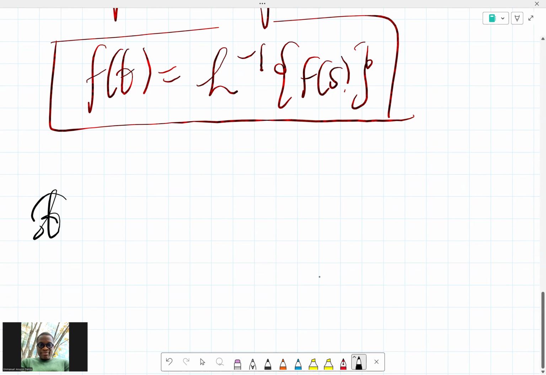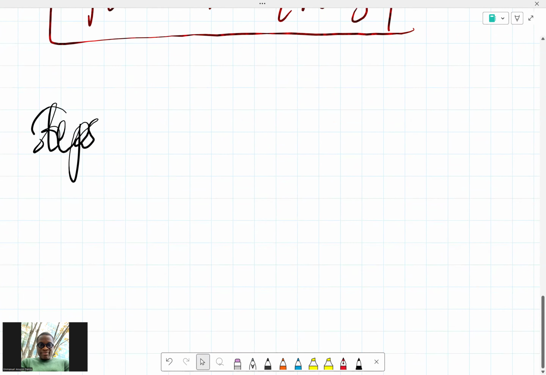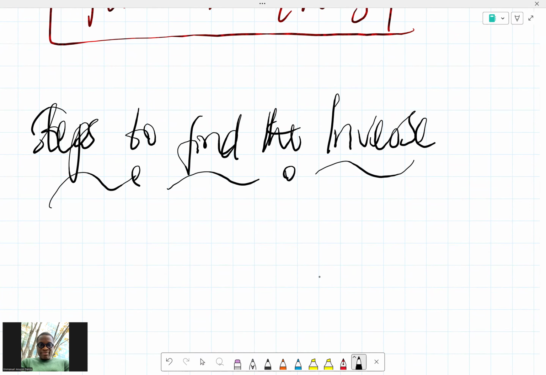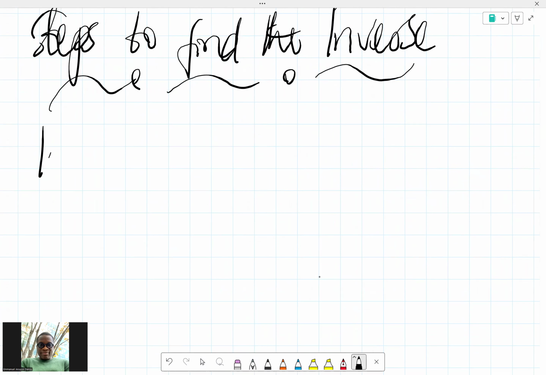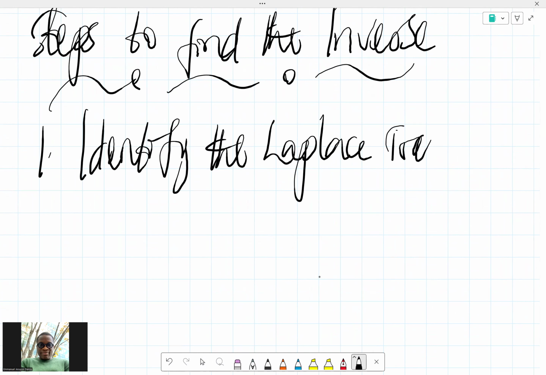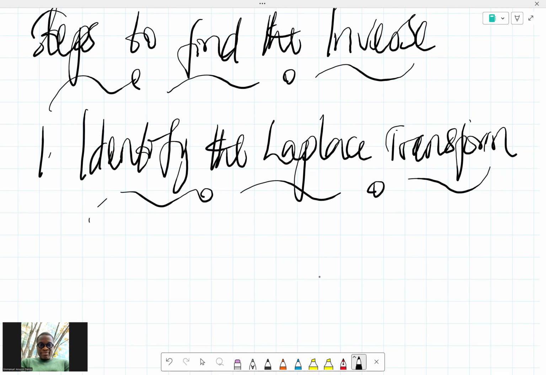Steps to find the inverse. So first of all, you want to identify the Laplace transform. Which type is it, based on all the things we had seen previously?